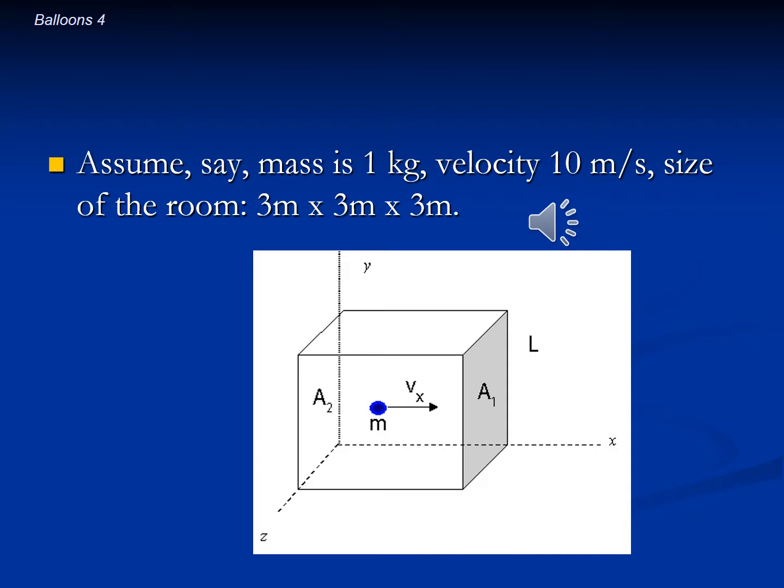Maybe this wall is somewhere out in space so that gravity doesn't have any effect on it. So it just goes back and forth at 10 meters per second, and each time it hits the wall, it gives the wall a little bit of a push.